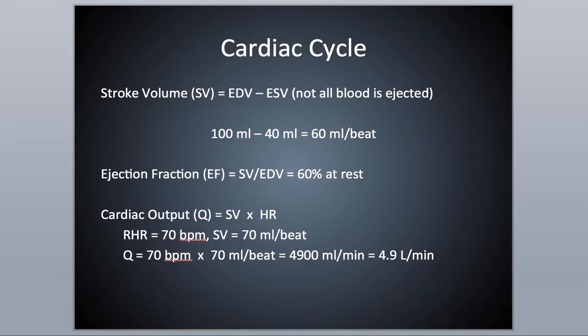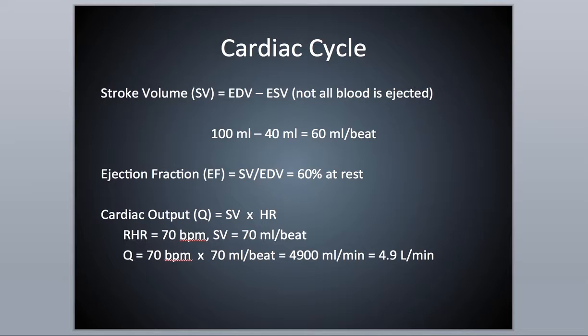All right, so looking at these terms, end diastolic volume and end systolic volume, and why they're important. Well, it gives us an important number: stroke volume. All right, stroke volume is the amount of blood ejected during one heartbeat.